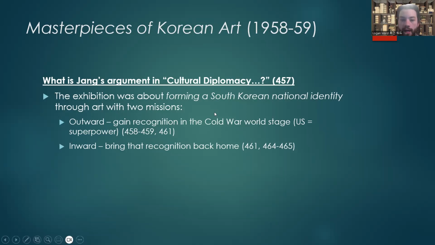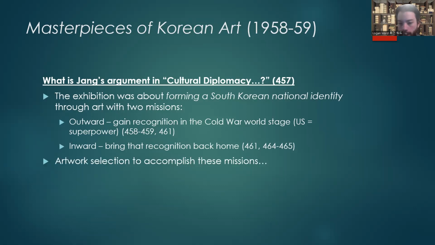And so to do that, they were really particular about the artwork selection, or who was really particular about the artwork selection. And what did they really want to emphasize or really want to get rid of, or what were they worried about with it? Yeah, so the US was very selective about it, particularly, right?